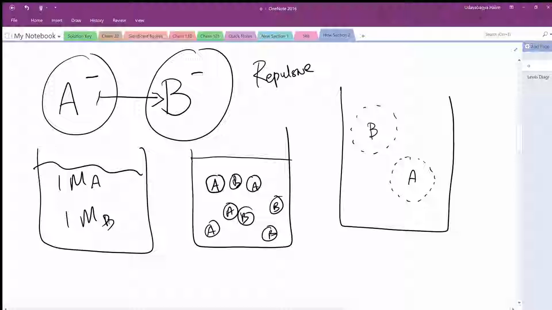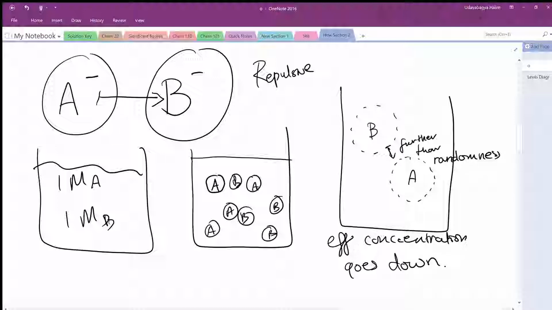That is, because they're further away, A and B are not going to be able to touch each other as likely as you'd like. So their effective concentration goes down.